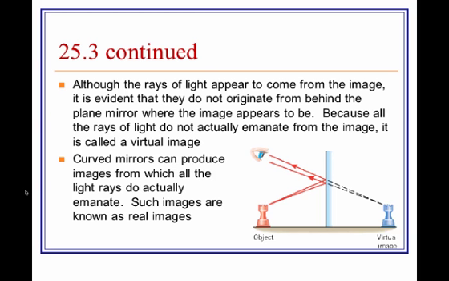The second thing is that the virtual image is produced by light reflected off of a mirror, and that's the physics part of it. So as we move forward with lenses and curved mirrors in the next video, we'll see more and more examples of virtual and real images.